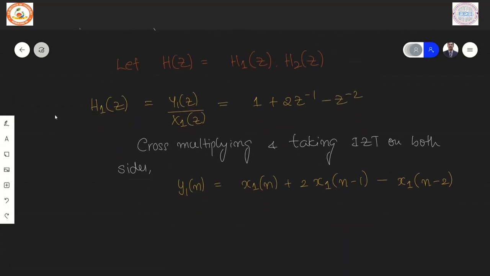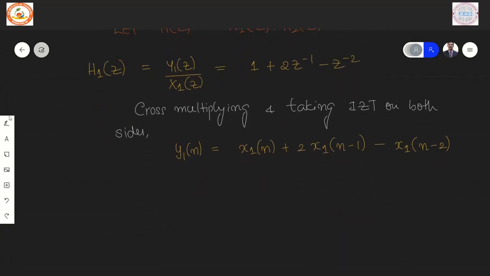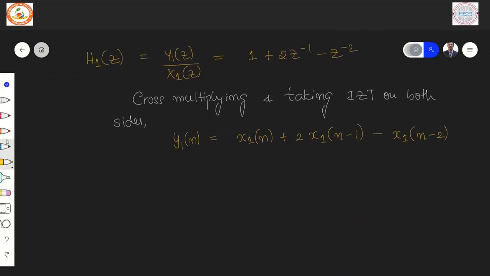Now, in a similar fashion, we can obtain H2(z), which is Y2(z) by X2(z), which equals the second factor.